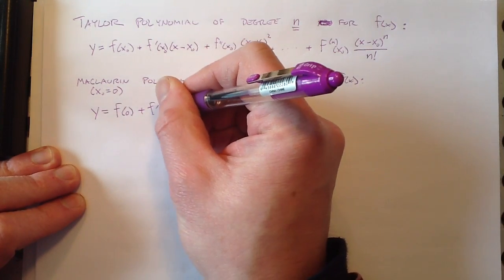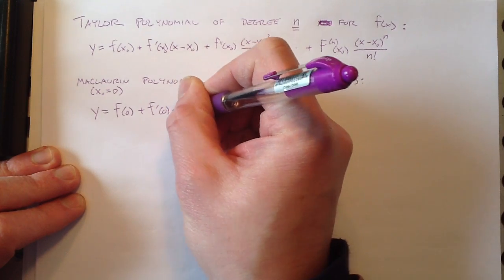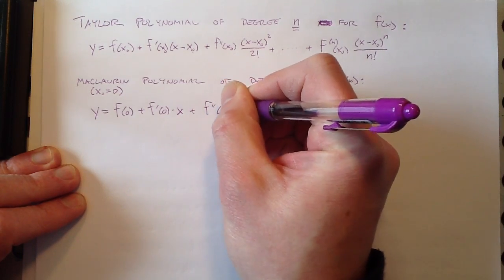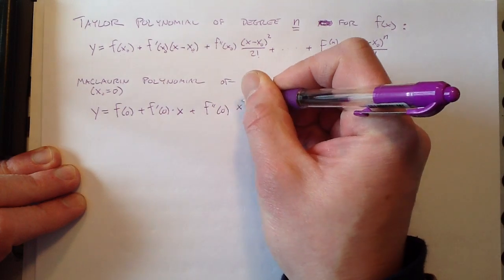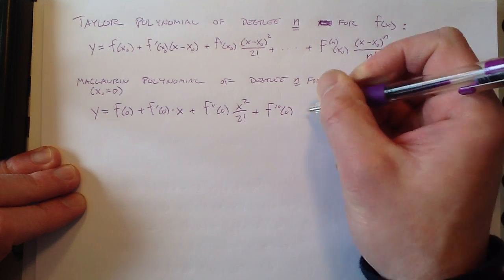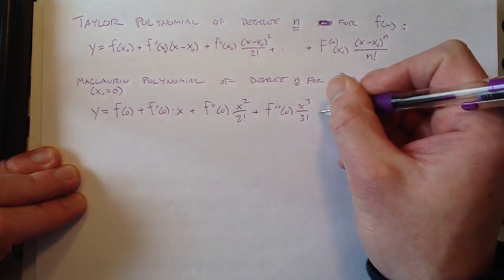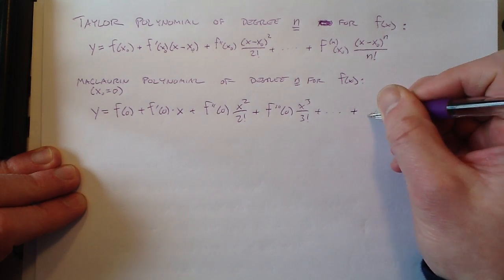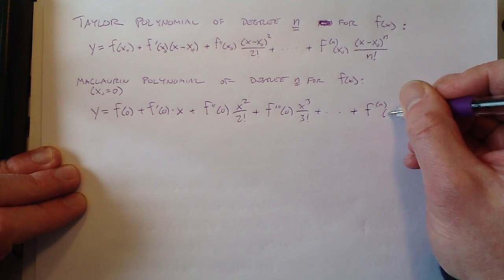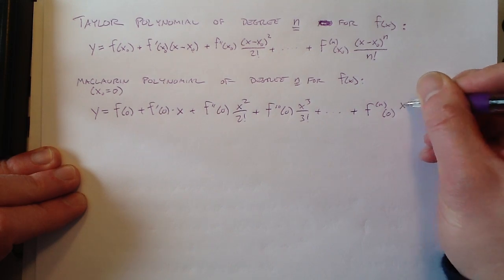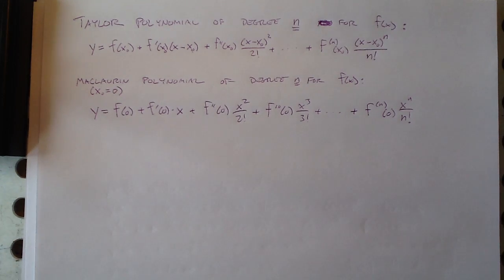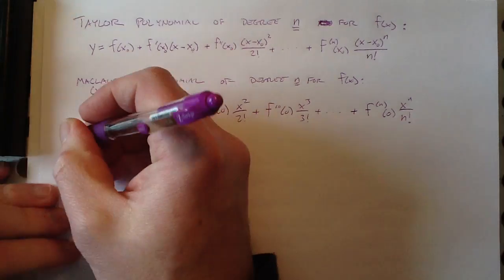Plus f prime of 0 times, notice that these are going to be 0, so that's just x now, plus f double prime of 0 times x squared over 2 factorial plus f triple prime 0 times x cubed over 3 factorial, yada yada yada, until we get to the nth, however far we want to go, the nth derivative at 0 times x to the n over n factorial. That is it. So let's do some examples.